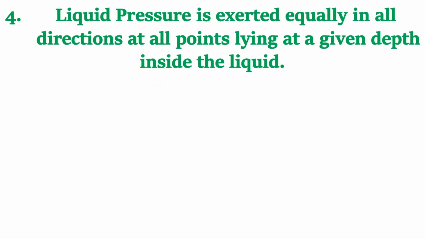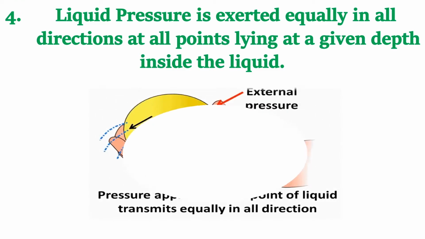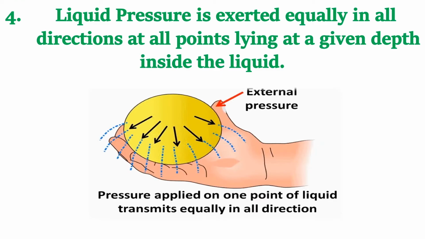The fourth characteristic feature is liquid pressure is exerted equally in all directions at all points lying at a given depth inside the liquid. For this, we will do an activity. We will take a balloon, fill it with water, tie its mouth, and make some holes in it by inserting a pin at several places in all directions, but at a given depth. Now what will we do?